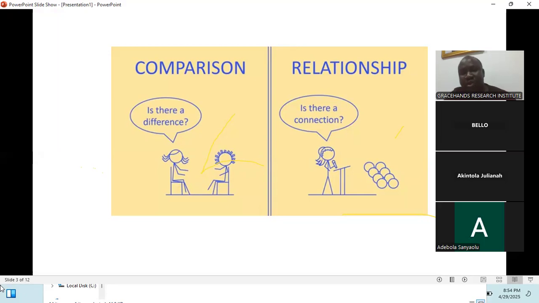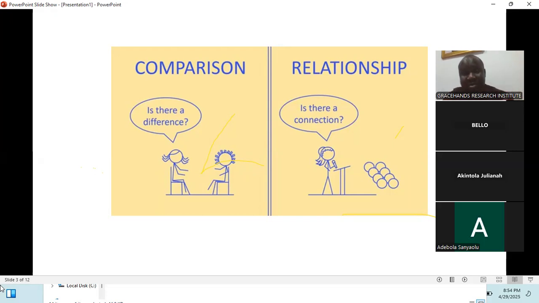So if your work deals with differences between this and this, then you should know the data analysis technique that goes in line with that. Now, you can have objectives that follow these two purposes. You can have an objective that does a comparison and an objective that does a relationship in the same research. I'm not saying you can't have that, but you must know the data analysis technique you need to attach to them.